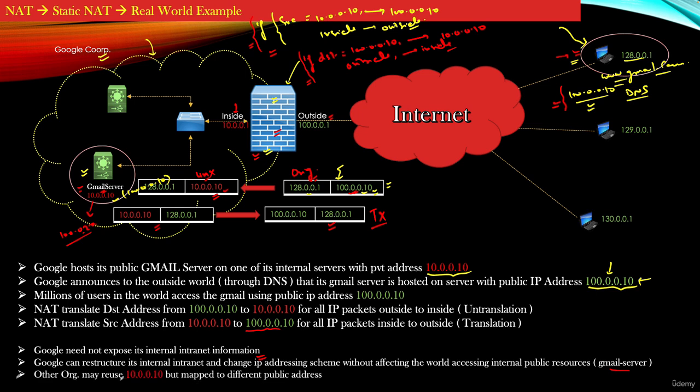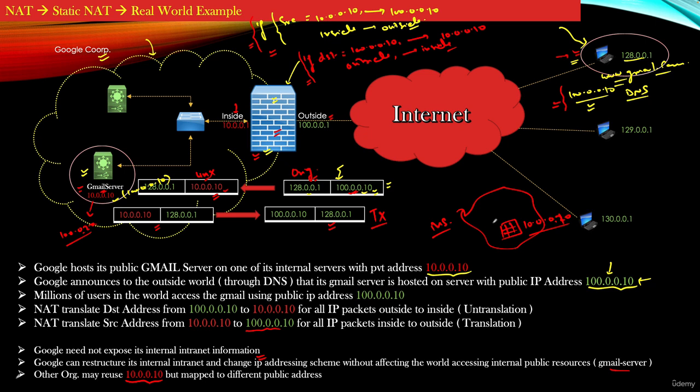And the last point, other organizations may reuse the same private IP address but map to a different public address. As I said, private addresses are local to the intranet of the organization. There could be some other organization, let's say Microsoft Corporation, which is hosting its web server, and this web server is again running on the private address 10.0.0.10, that is the same IP address on which Google's Gmail server is running.